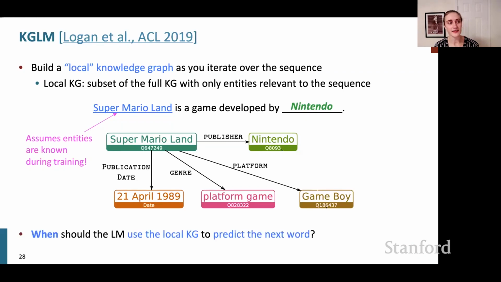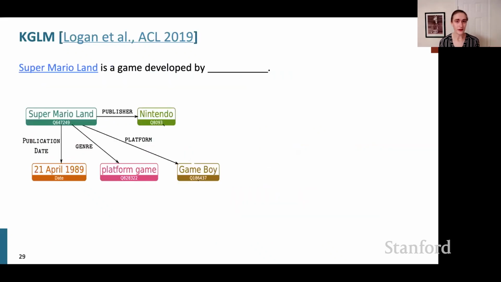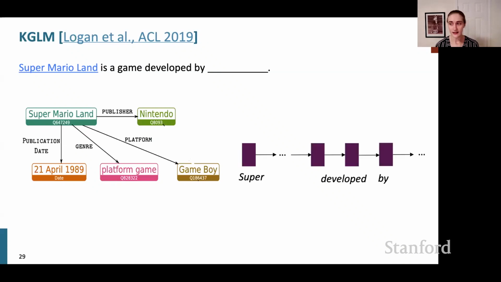So the first question they ask in KGLM is how can the language model know when to use a local knowledge graph and when it might actually be useful for predicting the next word? We're going to keep the same example as a running example, and we have our local knowledge graph here. We now have an LSTM that looks similar to the representations you've seen throughout this class. Normally the LSTM predicts the next word.